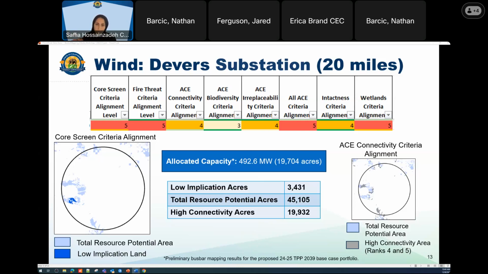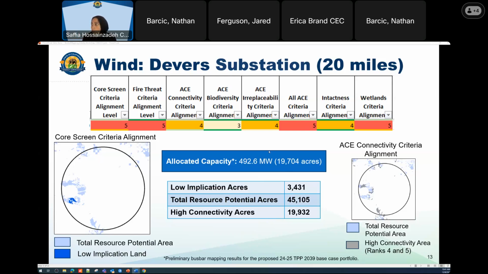It's about 500 megawatts, but we use a 40 acre per megawatt capacity density to convert it to give a rough estimate of the amount of area that would be needed to produce this generation. And because of just the limited resource potential available, that 20,000 acres or so greatly exceeds the amount of low implication land available.